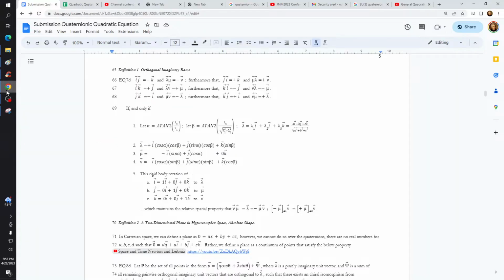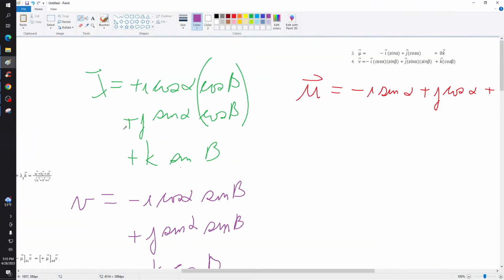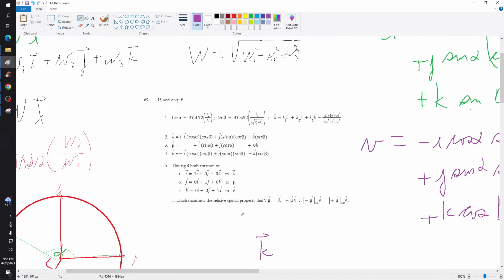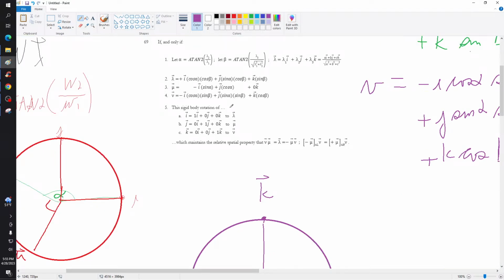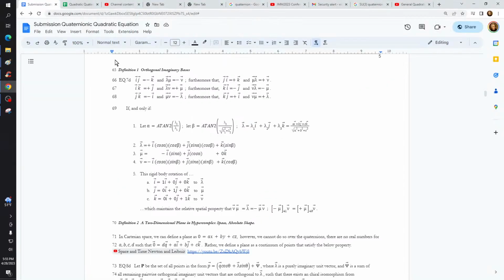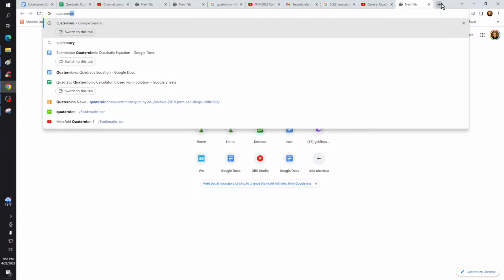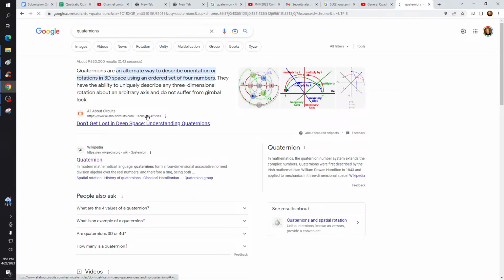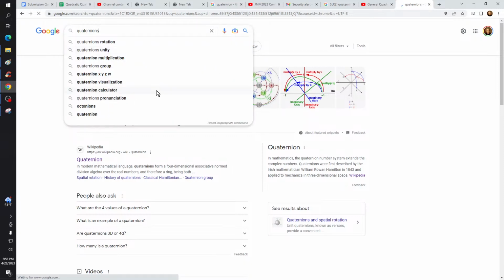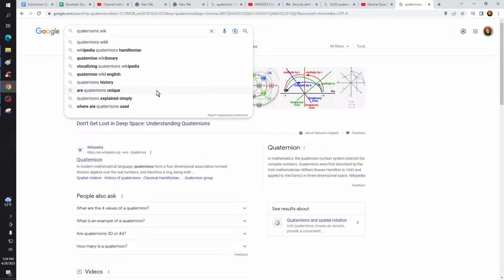So what this does is it takes the three axes i, j, k and performs a rigid body rotation to a new set of axes that are pairwise orthogonal: lambda, mu, and nu. They retain all the exact same properties as the regular quaternions when they're multiplied. They're just quaternions with a different orthogonal basis.